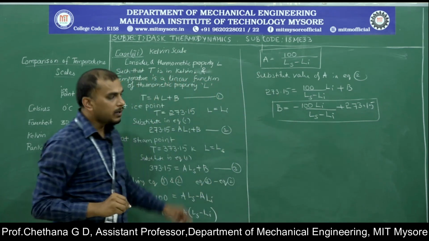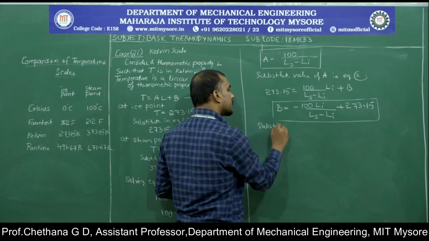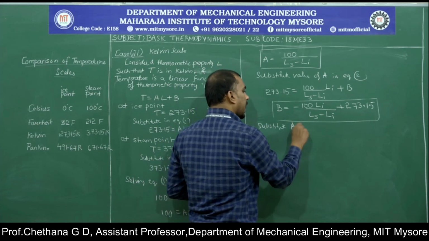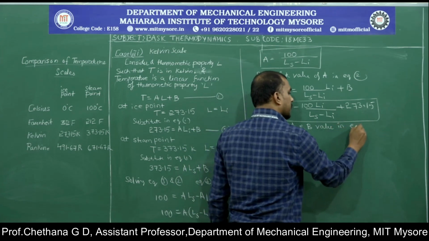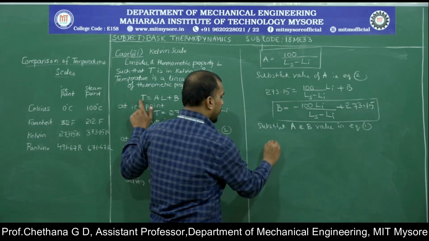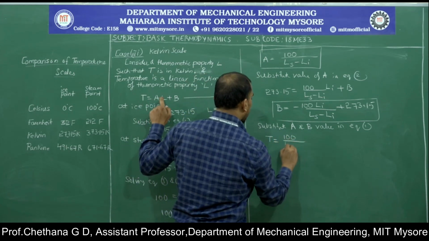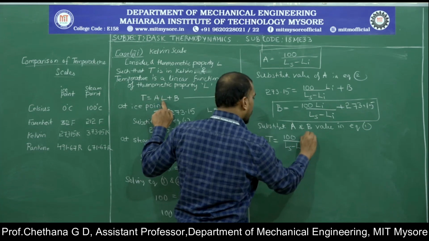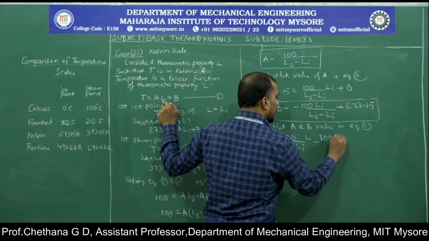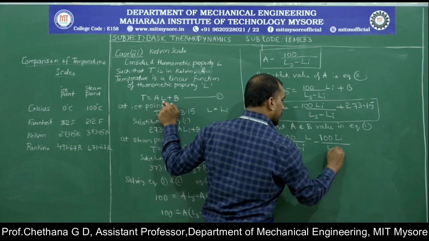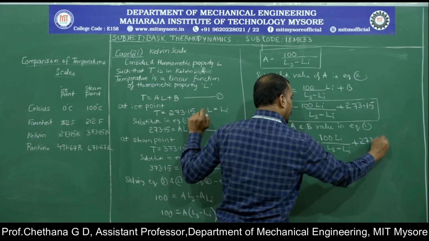So now substitute the value of A and B in equation 1. T is equal to A, which is 100 by Ls minus Li, into L, plus B value, minus 100 Li divided by Ls minus Li, plus 273.15.